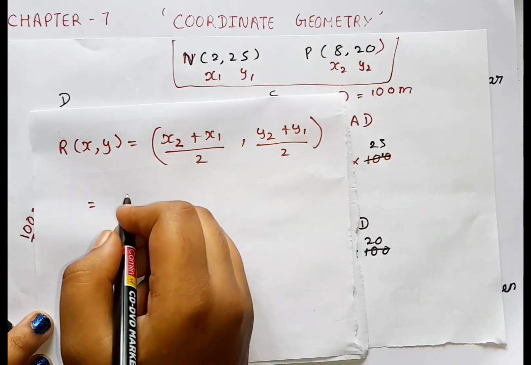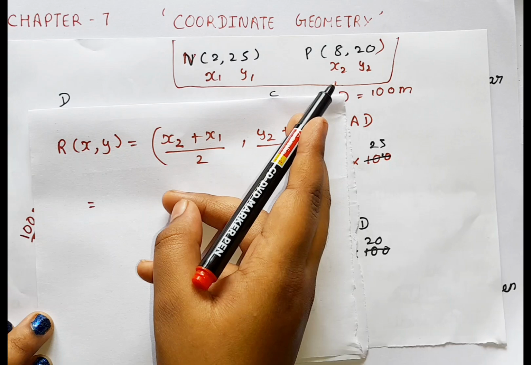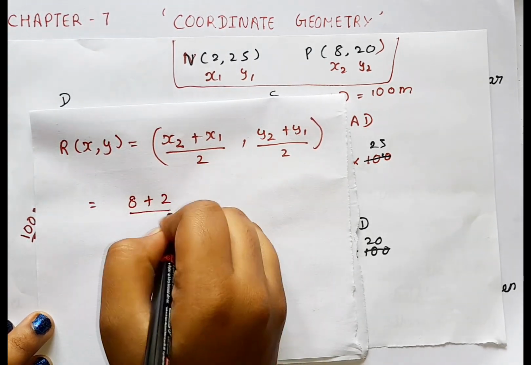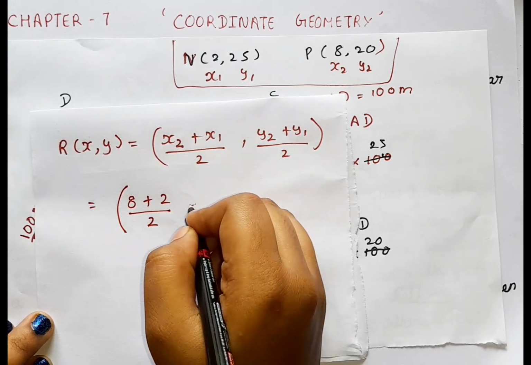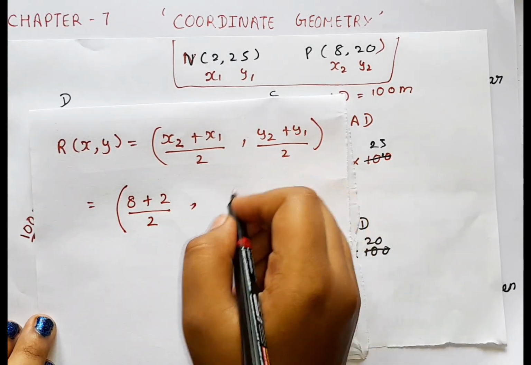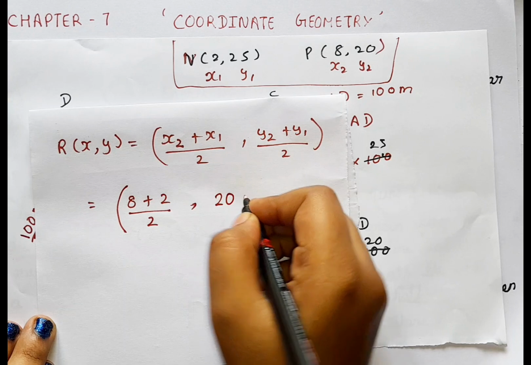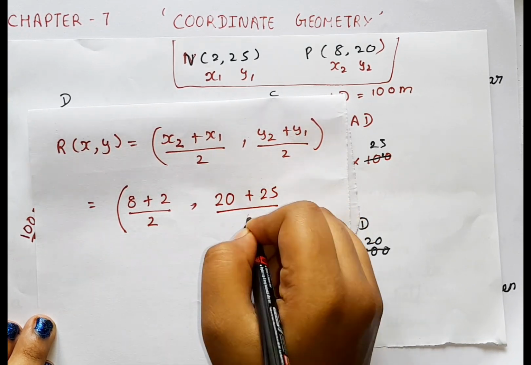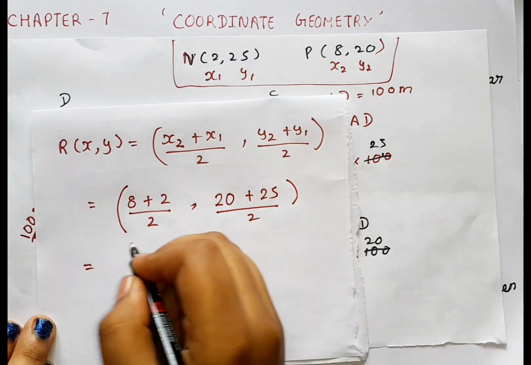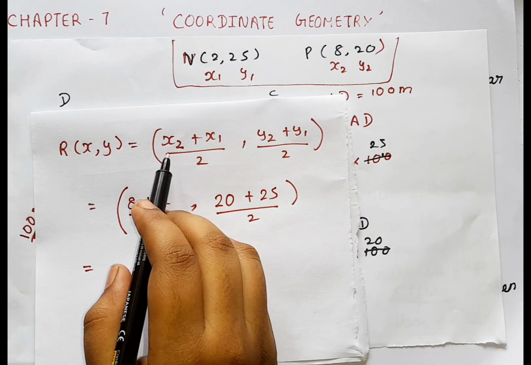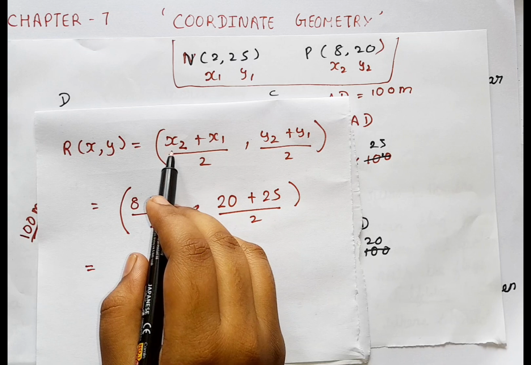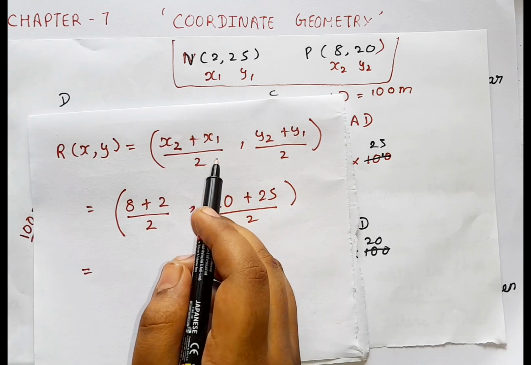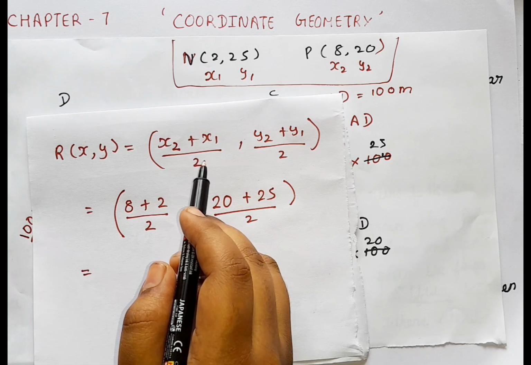So here x2 is 8, plus x1 is 2, divided by 2, comma y2 is 20 plus y1 is 25, divided by 2. Some people have questioned in few videos that now I just wrote x1 at first, isn't it? That doesn't matter. You can write x1 first, otherwise at last. It is up to you guys.